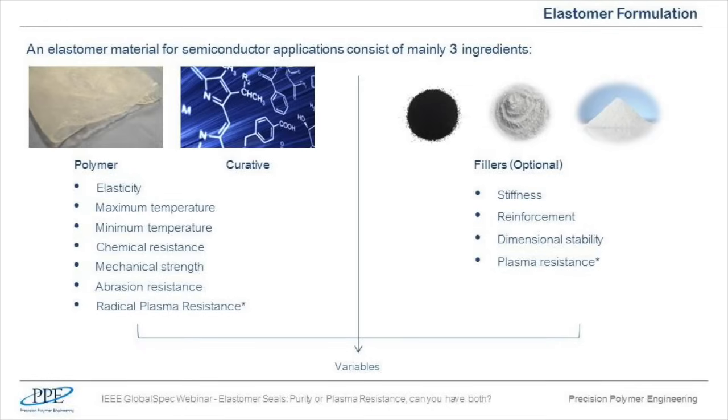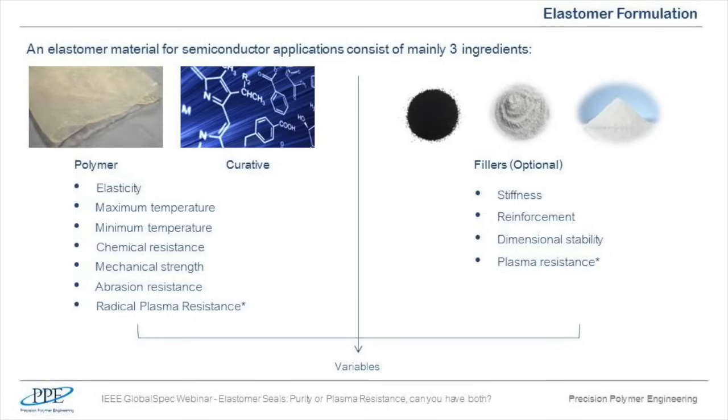Now, when an elastomer is used in an aggressive plasma environment, there's the potential for these filler particles to be released as the material, the polymer, erodes in whatever chemistry it's used in. So you can pick a material that will be very clean and have no filler, but it will erode at a much faster rate than a material that might have a much lower erosion rate, but the lower erosion rate material can have the higher potential to create particles.